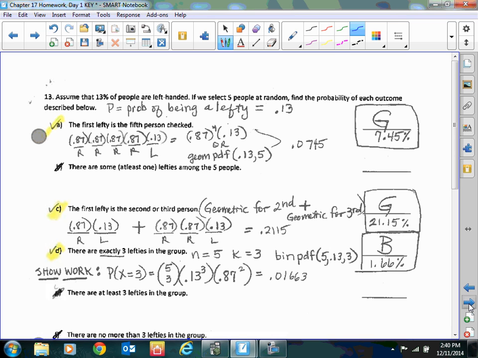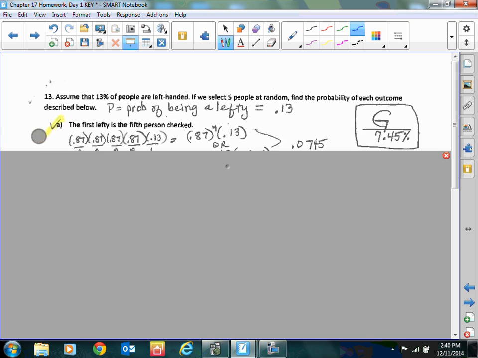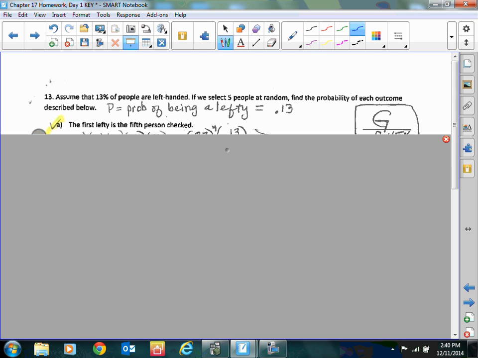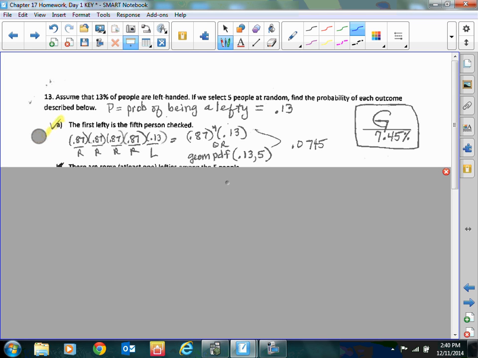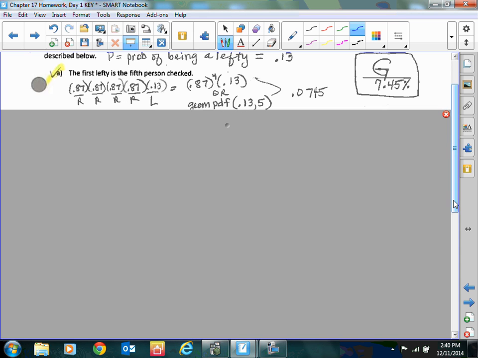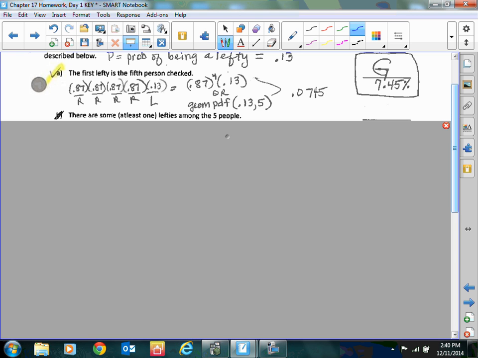Here's number 13, the lefties. You guys did 13A. Let's check it. So you have already done this one. The first lefty is the 5th person. So exactly in the 5th spot, there it is. Geometric PDF 0.13, 5. Exactly in the 5th spot. B, how are you going to do this?